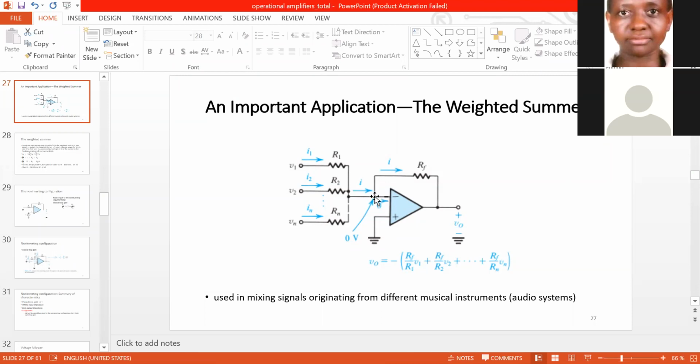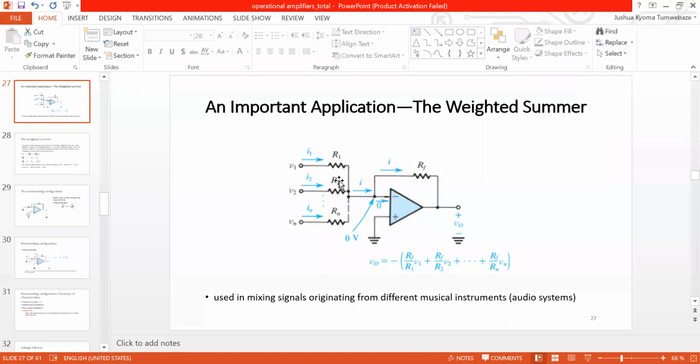So at that point we have 0 volts. Therefore I1 will simply be V1 over R1. I2 will simply be V2 over R2. And In is simply Vn over Rn.